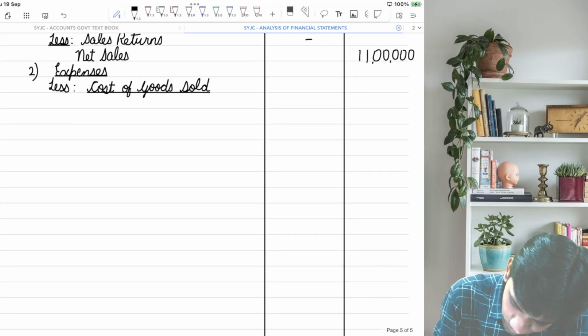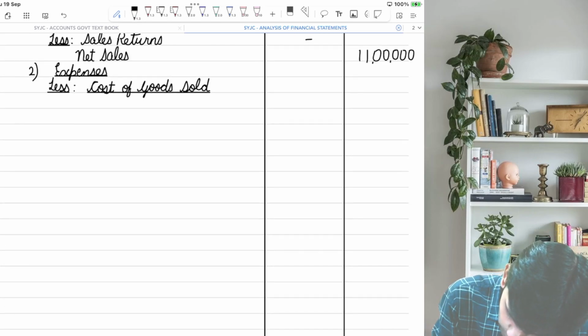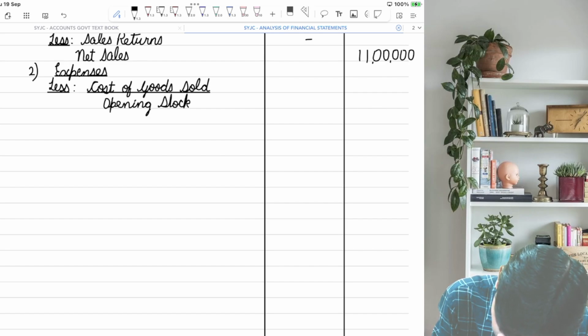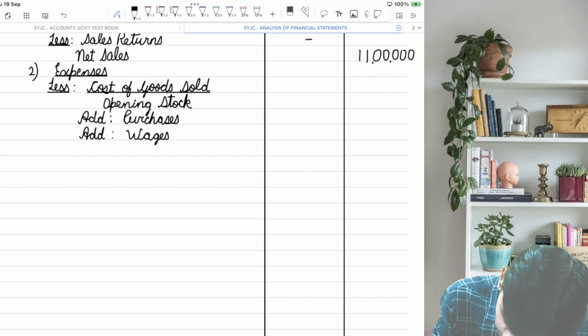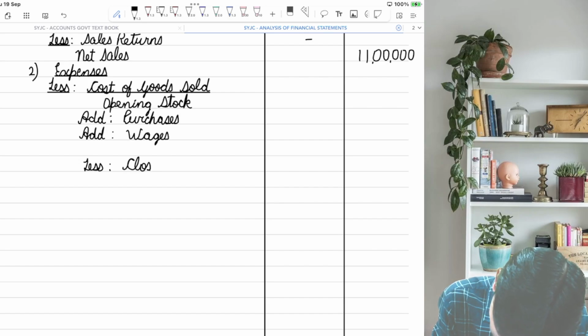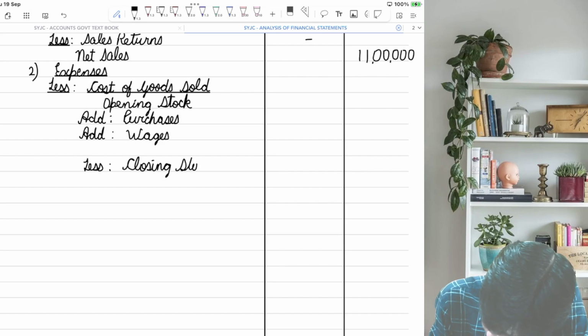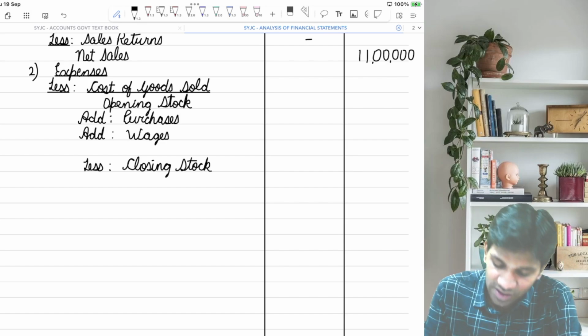In that we have opening stock, add purchases, and don't write direct expenses; directly write add wages, and next write less closing stock. No need to write direct expenses, just the name of the expense is okay.